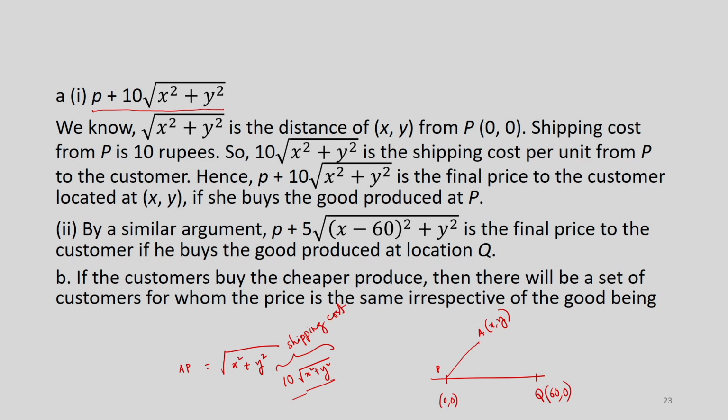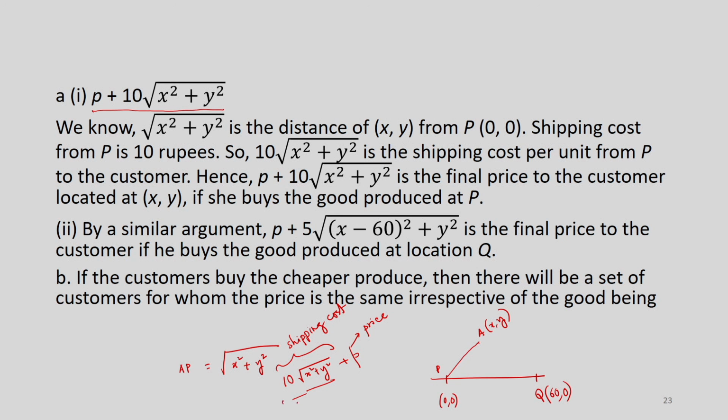Right, and then what is being added to this is small p. What is small p? Small p is the price which you have to pay. Suppose you are located at capital P itself, then this is the price you have to pay. But if you are located at point A, obviously with the price the shipping cost has to be added.